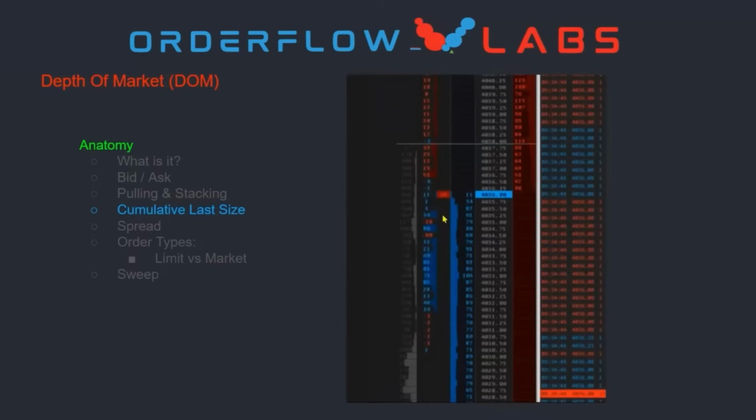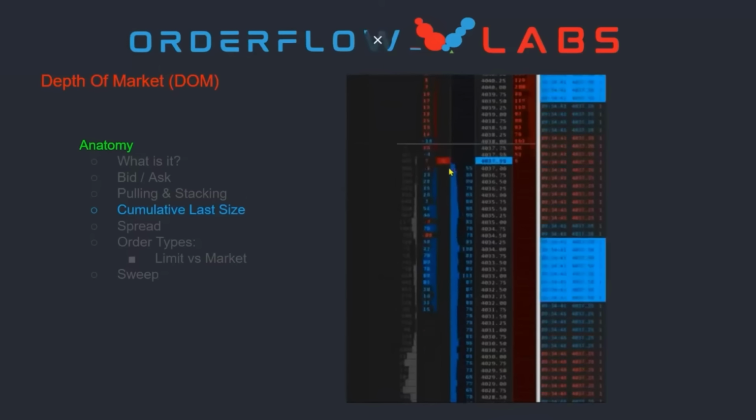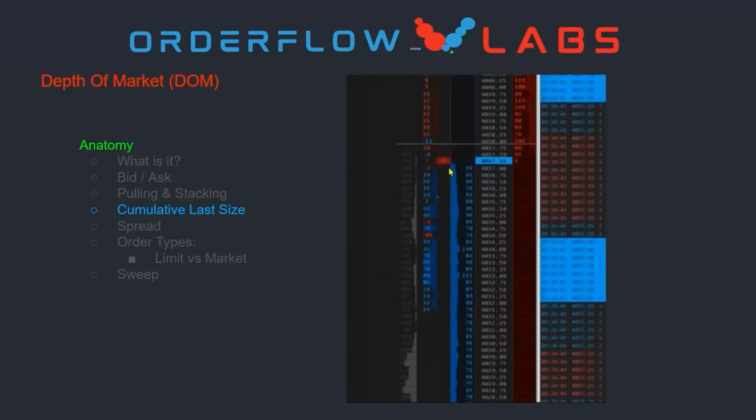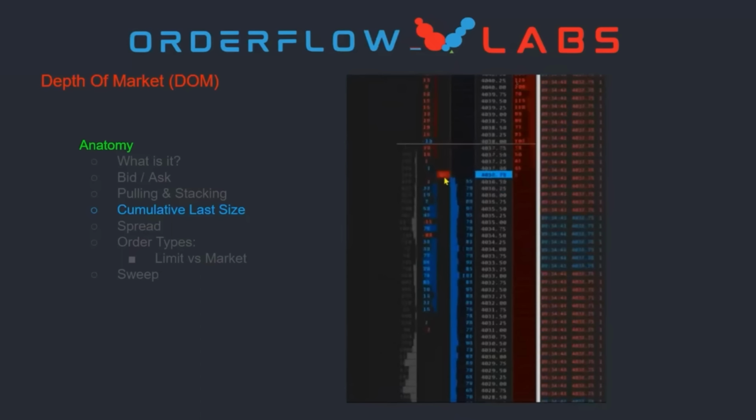The cumulative last size, like I mentioned, is that box that moves quickly up and down, showing the volume of trades that occurred at that current price. Now, whenever there's a change in price itself, it does reset, and for that reason, it's meant to show you as the trader that the transacted interest throughout the movement is oscillating in a particular fashion. It is, again, a visual cue to piggyback upon the understanding of the pull stack.